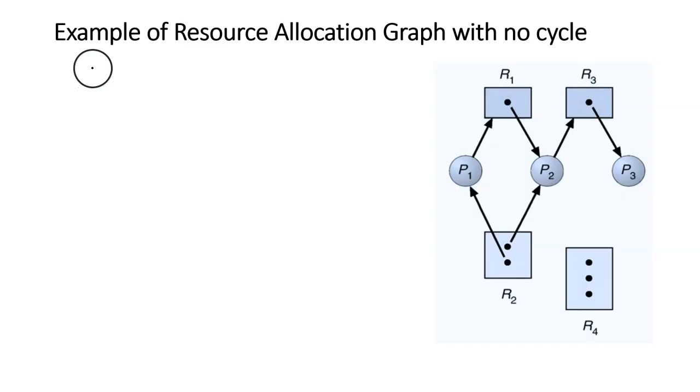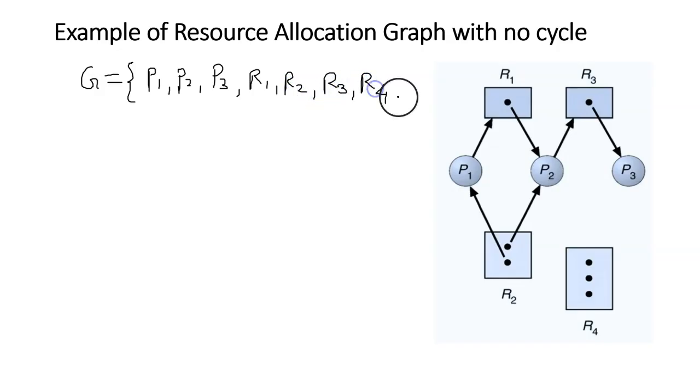Here, as per the definition of a graph, we can say the graph consists of processes P1, P2, P3, and R1, R2, R3 and R4 with different instances.